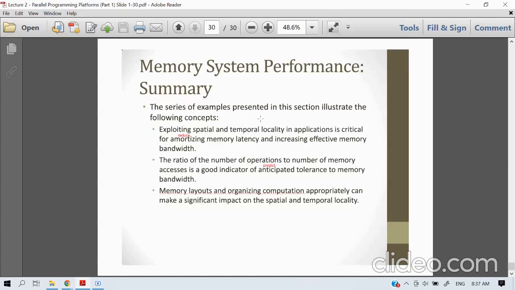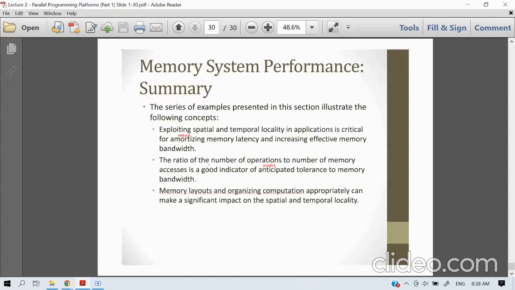How we exploit the data, either by spatial or temporal locality, is critical to reduce the latency and to increase the bandwidth. We want to reduce the time, but at the same time, we want to increase the bandwidth. We want to bring more data, but in a smaller time.